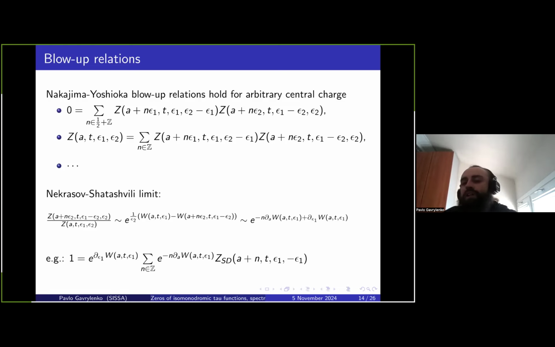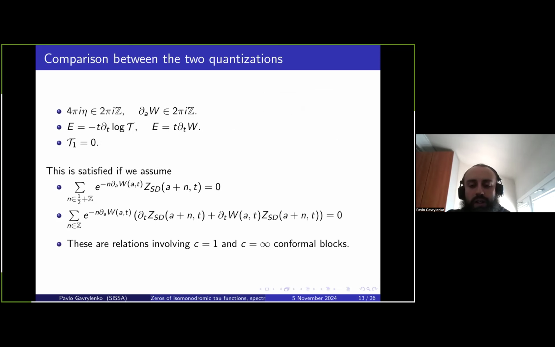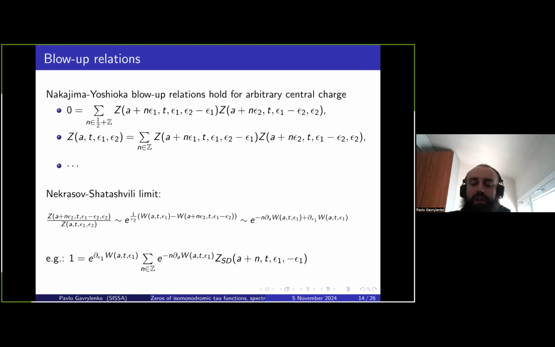And now the question is how all this is related to the previous slide. On the previous slide, we had some relation between c equals 1 and c equals infinity. And if you look at this formula, you see that if you put epsilon 2 equals 0, then the first term becomes self-dual, because it's epsilon 1 minus epsilon 1.